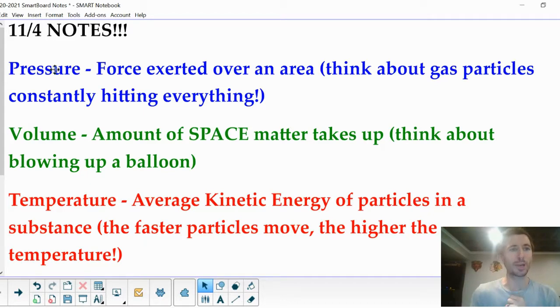So I want to start with pressure. So I usually like to ask, okay, how do you put pressure on something? You kind of push it. Okay, so the more pressure you put on something, the more force you exert on something. All right. The definition here is it's the force exerted over an area. So if you think about how you can walk on snow, use snowshoes, because snowshoes are gigantic.